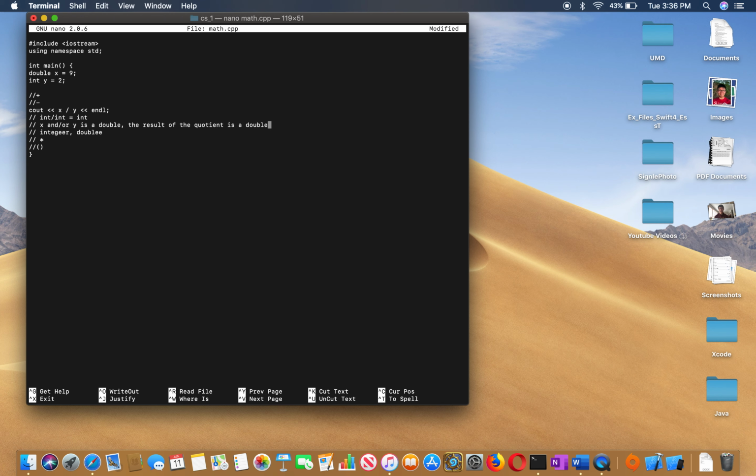So if x and or y is a double, the result of the quotient is a double.